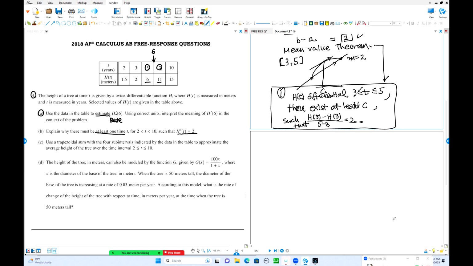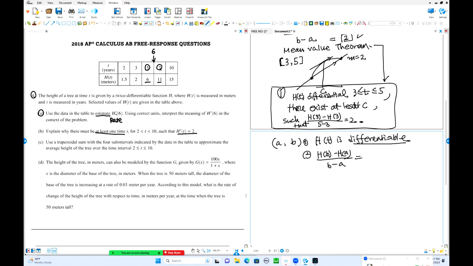I'm going to summarize one more time. If we have a and b on this interval, and h(t) is differentiable on this interval, that is the first condition. The second is the slope of these two points, h(b) minus h(a) over b minus a.